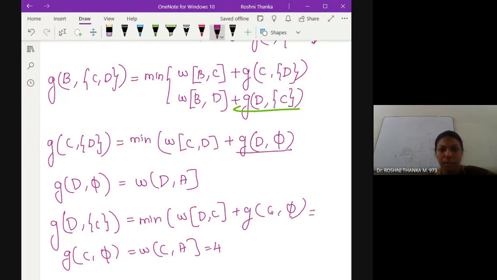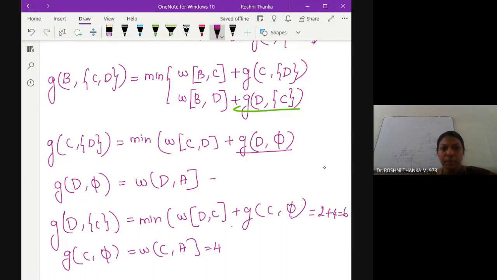What is the cost of moving from D to C? If you have noted it in your notebook, you can tell me. 2, ma'am. Exactly, super. 2 plus the cost of moving from C to A, which we found as 4, is equal to 6.